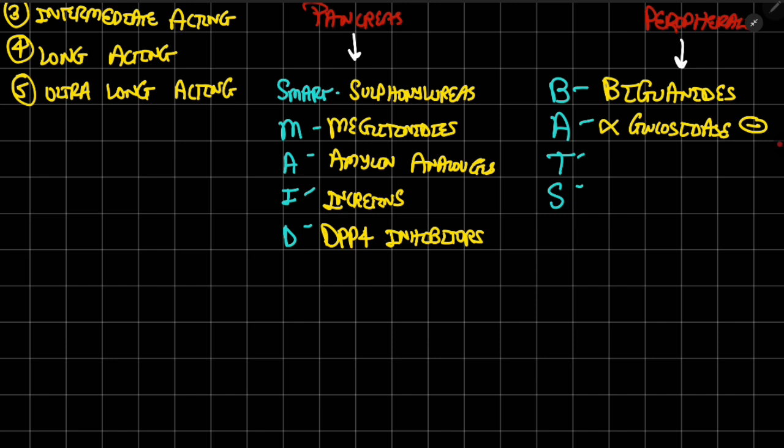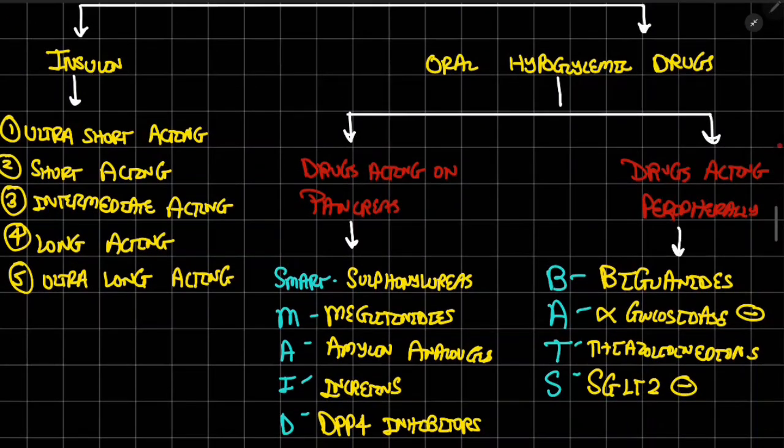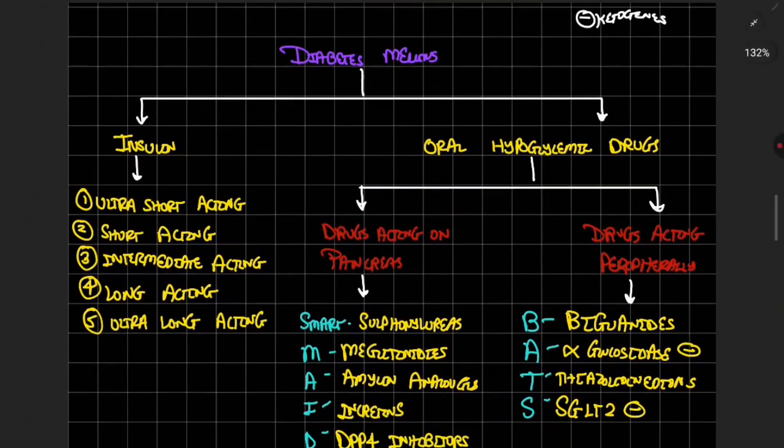We have thiazolidinediones. This is not a very famous class because the name is too complicated, so I also avoid this class. Now we have SGLT2 inhibitors. Okay, so this is the classification of the drugs of diabetes mellitus.